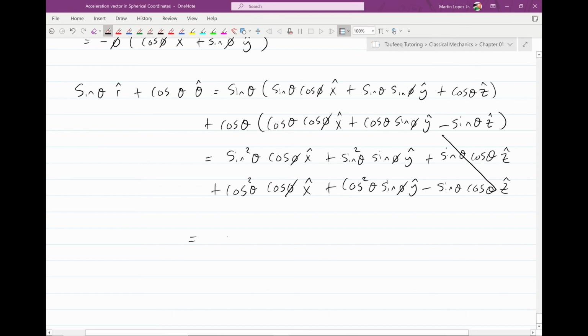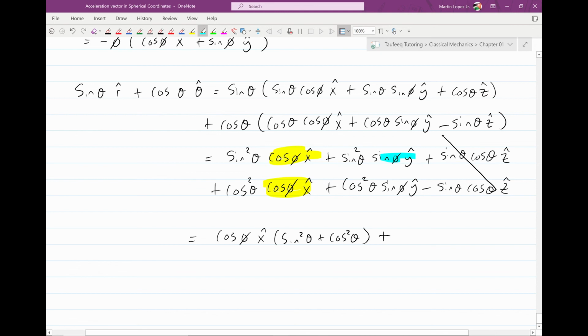I was going to just take a shortcut, but we have cosine phi x hat. If I factor that out, that is in both of these terms here. I'm just writing a double line because I don't want to have to move around a bunch.